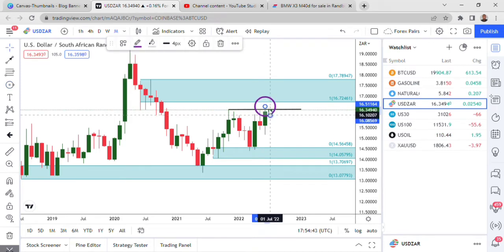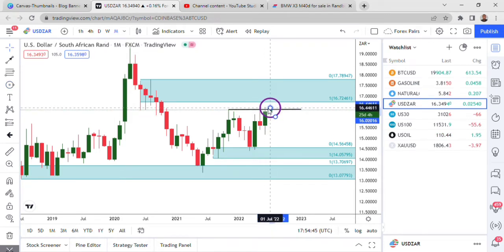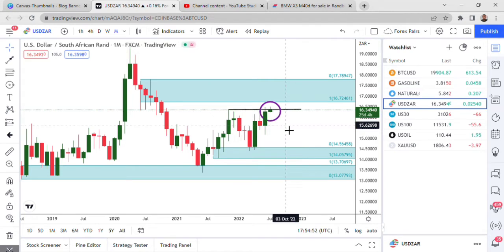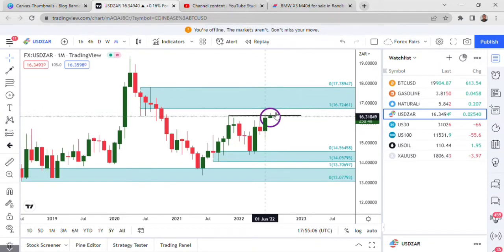You need to understand that just because the price went above that level does not mean the level is completely out. Remember, sometimes the price can just shoot up like that, but come and close inside and fail to continue. That's where most people will be talking about market manipulation, stop hunt and stuff like that. So I'm interested to see, after breaking this level, how is the price going to react?